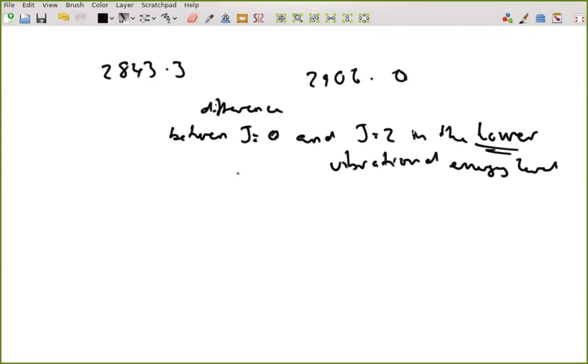What we're looking for is the ground state bond length. The difference is in wave numbers.